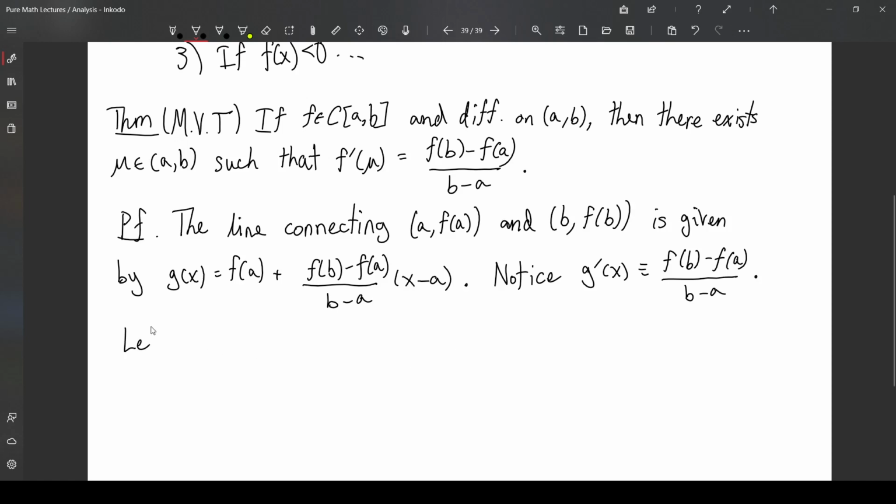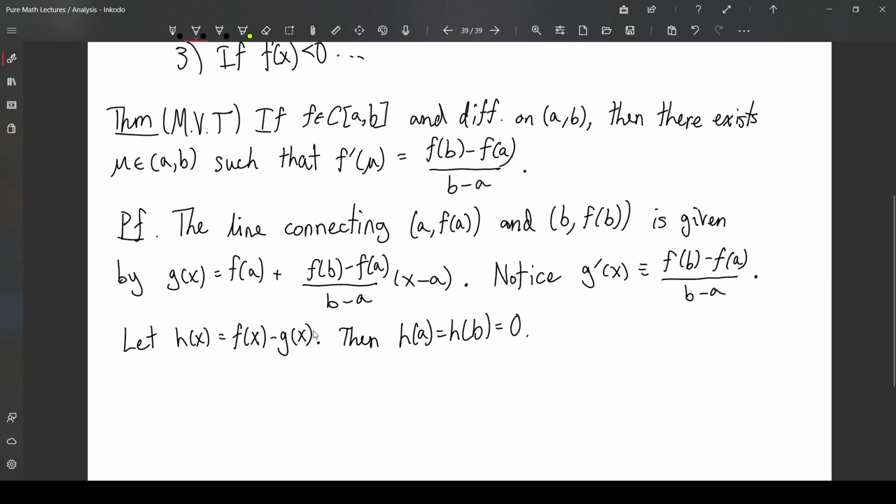So now let h of x equal f of x minus g of x. Then h of a equals h of b equals 0, right? Because at a and b, f of x and g of x have the same value.